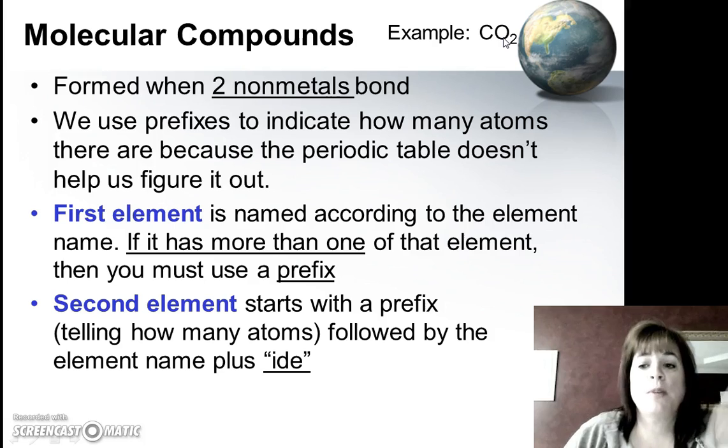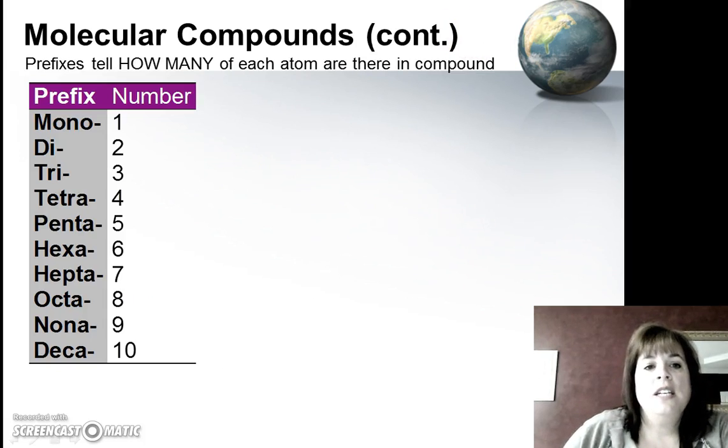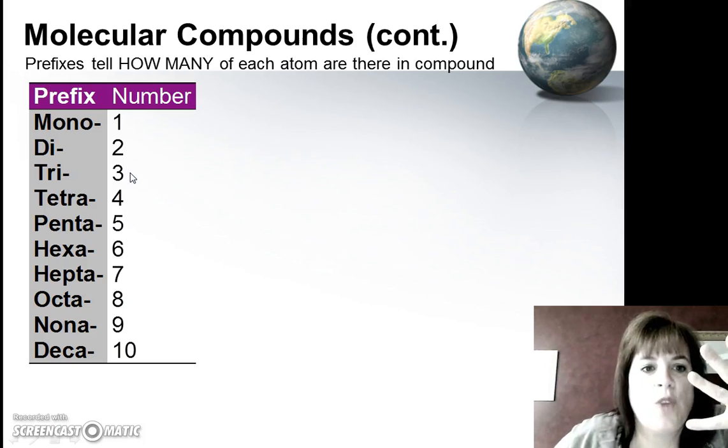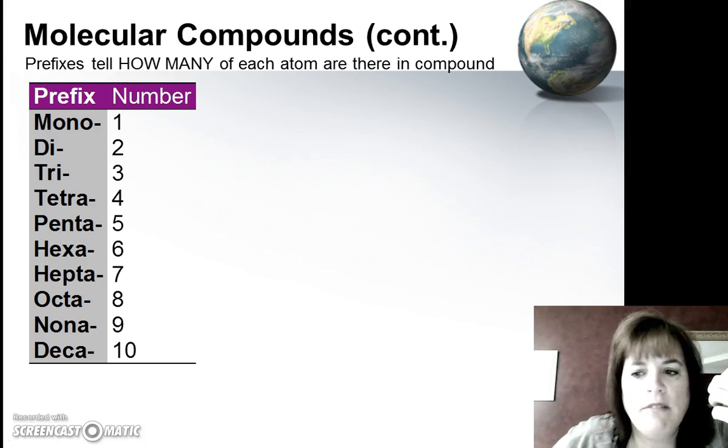Now, in order to be able to do this, you need to know the prefixes. So you need to memorize these prefixes. So if there is one, it's mono. If there's two, it's di. 3, tri. 4, tetra. Not quad. I see people write quad all the time.